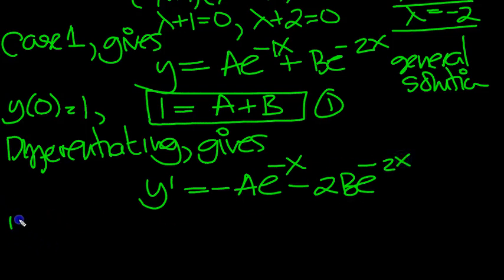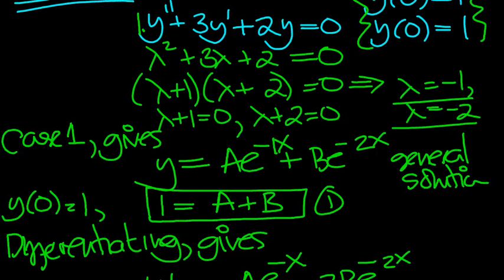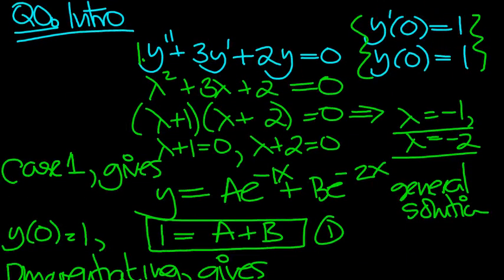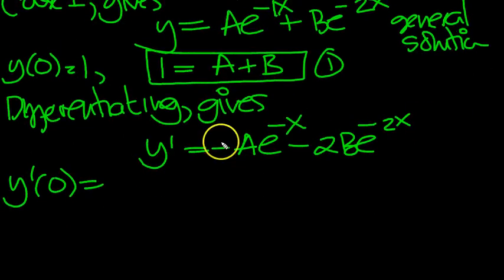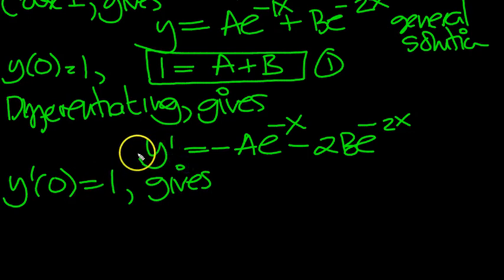Now we can invoke the initial condition, so y dash naught was equal to what we said at the outset, if you see there, 1. So nice easy initial condition in this example gives, and then what we can do is we put in the values, so y dashed is 1 when x is 0, so e to 0 is 1, so that's minus a. And e to the 0 would be 1, so that's minus 2b.